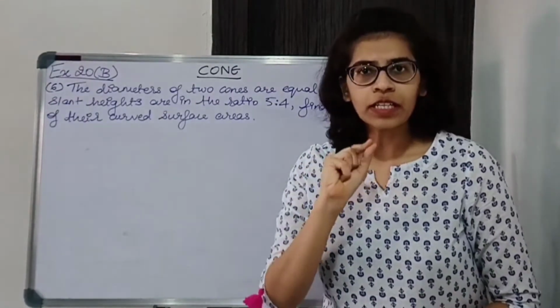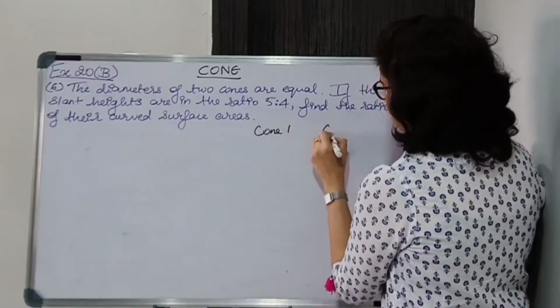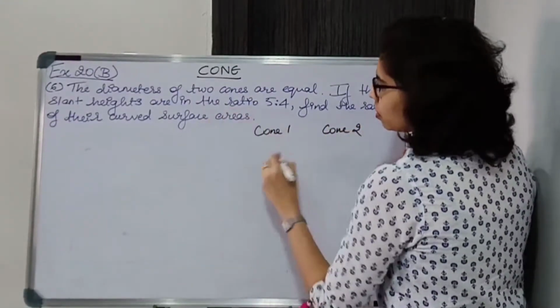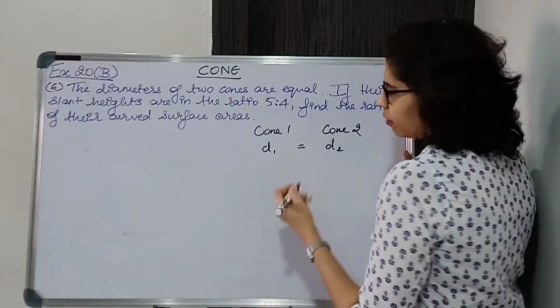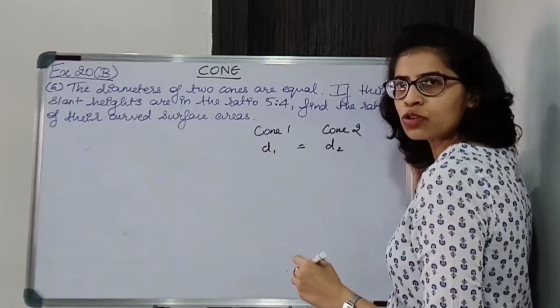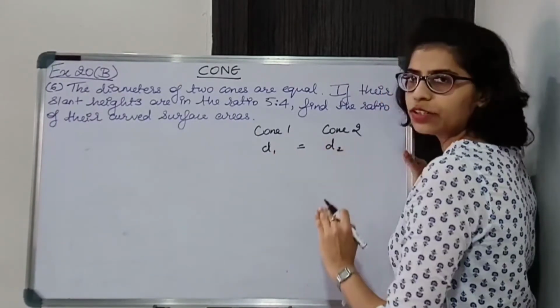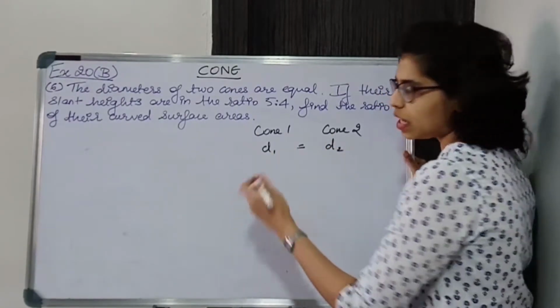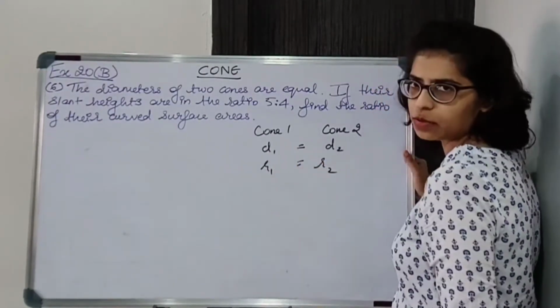So if I consider cone 1 and cone 2, now diameters are equal, that is d1 and d2 both are equal. Therefore r1 and r2 will also be equal. d1 and d2 are equal, then half of d1 is equal to half of d2. Half of d1 is r1, half of d2 is r2. That means the radius will be equal.